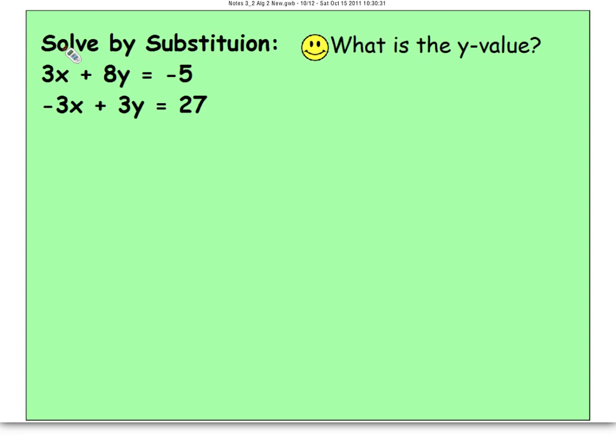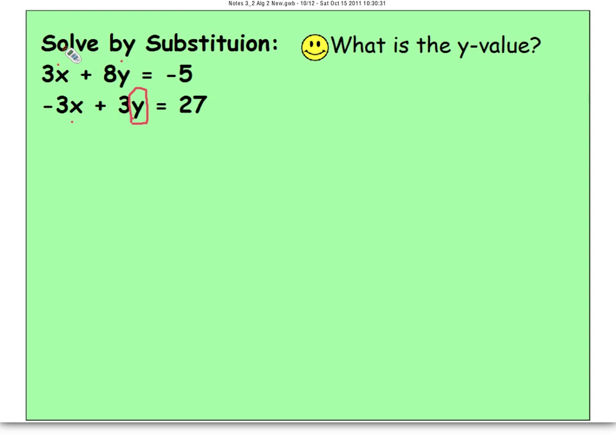Now this last one doesn't really have a shortcut. You just want to think strategically what's easier to get by itself. This x, that y, this x, or that y. I personally am going to go to the second equation and try to get this y by itself. That's just where my eyes go.